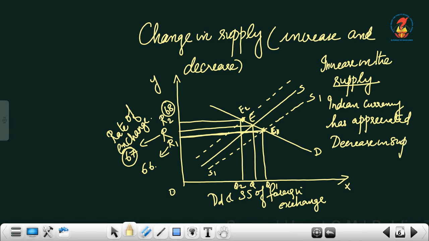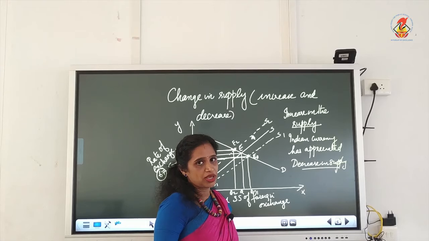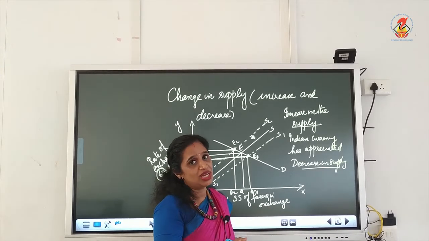Now with the decrease in the supply, what is happening? That is the leftward shift of the supply curve. The new supply curve is S2, S2. A decrease in the supply is always represented as a leftward shift. So S2, S2 is the new supply curve and the equilibrium point is E2, where the rate of exchange has increased. There is less supply, so definitely the rate of exchange will increase.